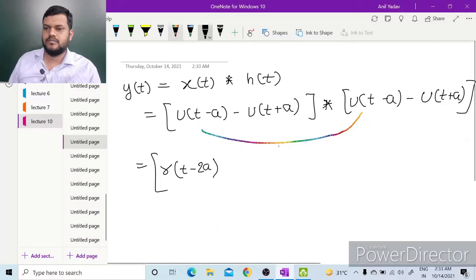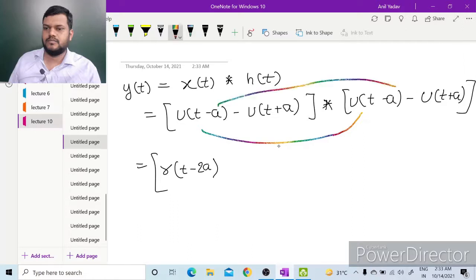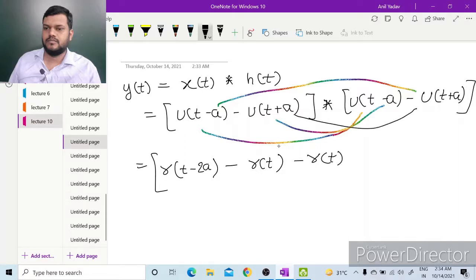Okay, and when u(t-a) convolves with u(t+a), it becomes minus r(t), and again when this convolves with this it becomes minus r(t), and when this convolves with the last one it becomes plus r(t+2a).